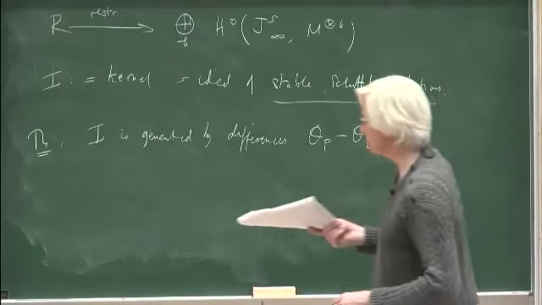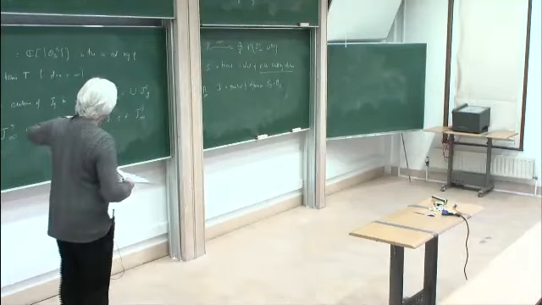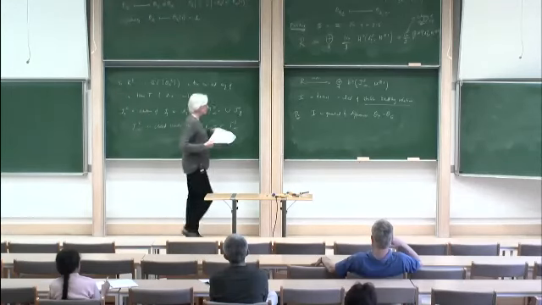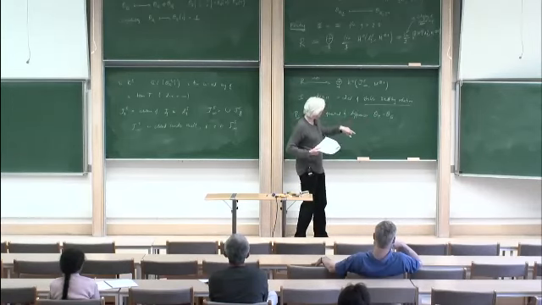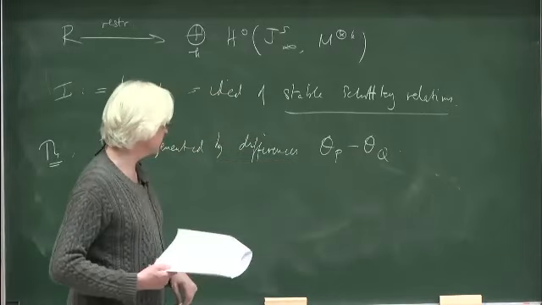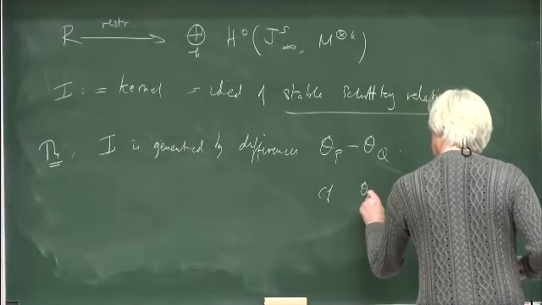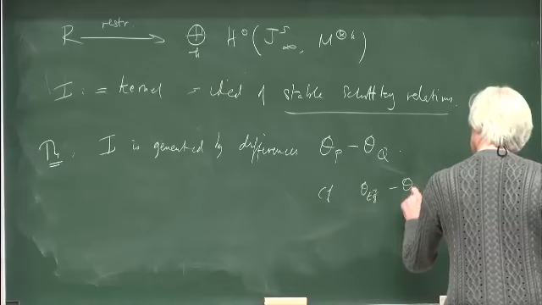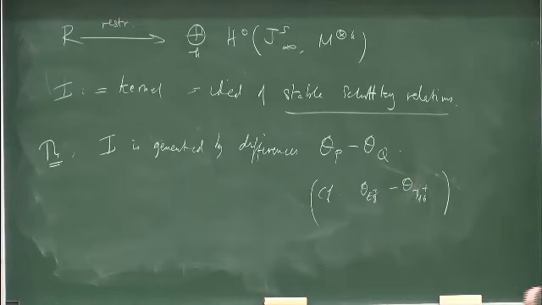I've erased what I wrote down earlier, but remember that Igusa showed that in genus 4, the single modular form that cuts out the locus of Jacobians is exactly a difference of this kind. So compare this to theta E8 squared minus theta D16 plus, which is in genus 4.